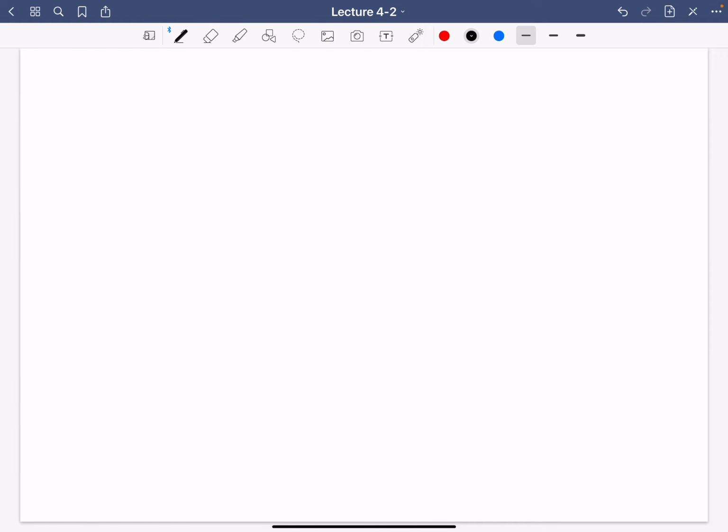Let me write down the property properly. So we've got this Lie algebra G, we've got the universal enveloping algebra U of G, and we've got this linear map I.